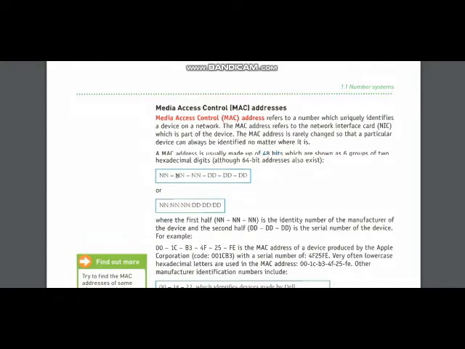This is the first set, this is the second set, this is the third set, this is the fourth set, this is the fifth set, and this is the sixth set. The first three bytes represent the company's fixed MAC address prefix.